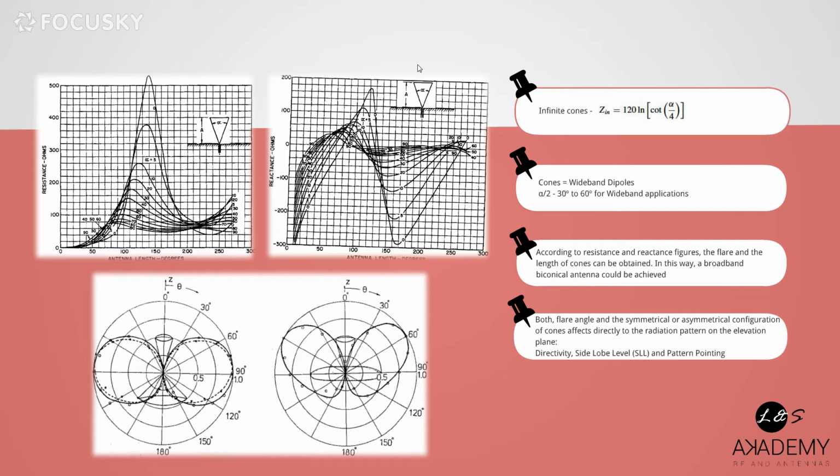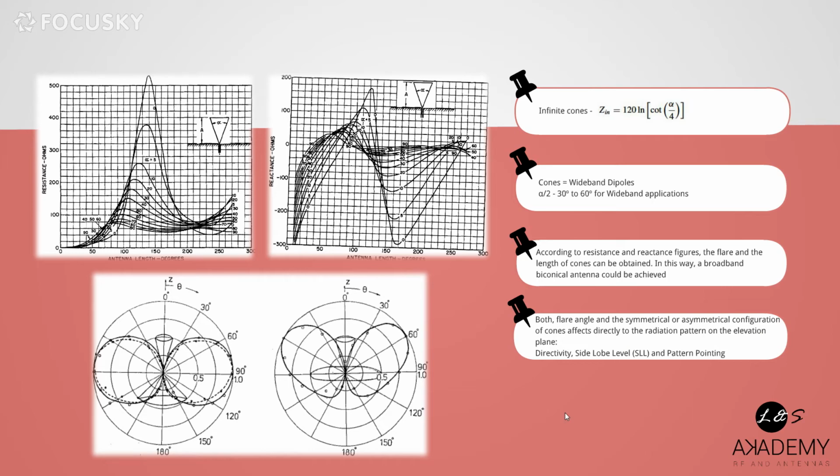First of all, here we have a clear relation between the flare angle and the input impedance. So if we want to match your antenna on a specific frequency band, you have to play with this angle. You have to optimize this angle for this particular frequency band.